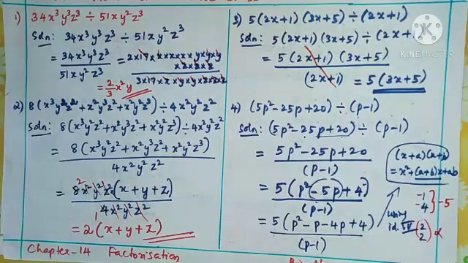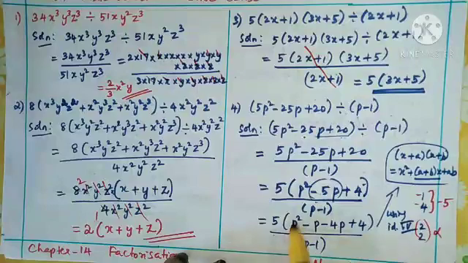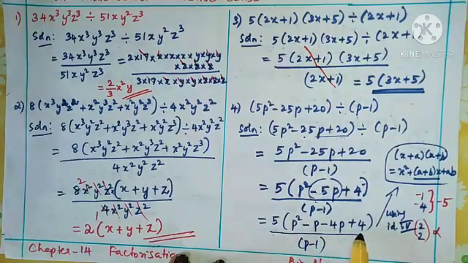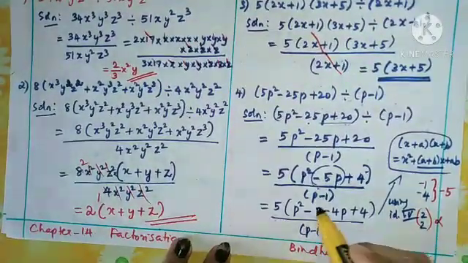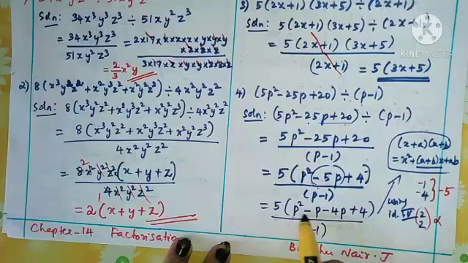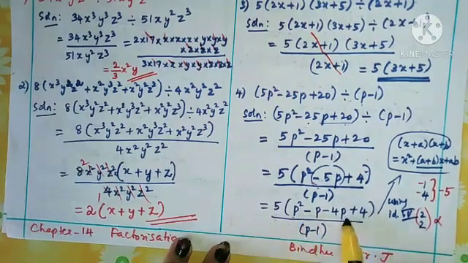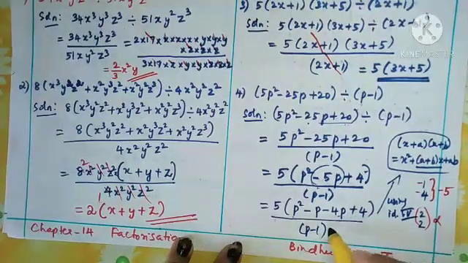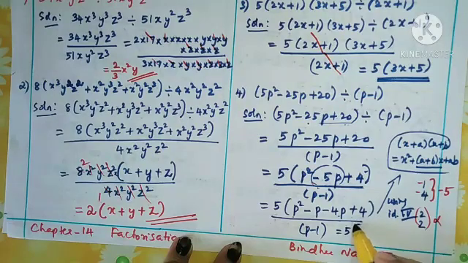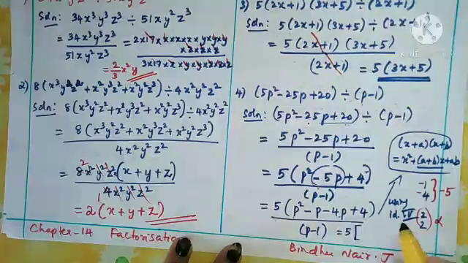Now you see, p square minus p minus 4p, this is an expression of 4 terms, and when 4 terms come we can group the terms as we studied before, so that from these first two terms we can take a p outside, and from these two terms we can take 4 outside. 4 is common. We are doing the regrouping method. So this is equal to 5 into, you can start one more bracket, because when you group you need a round bracket.